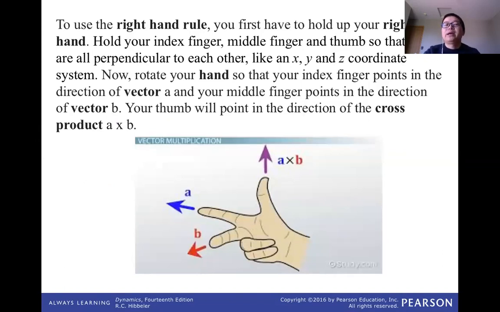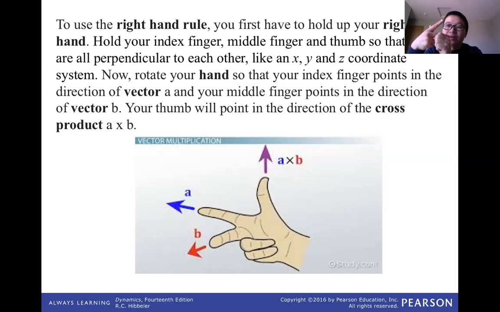The right hand rule says to take out your right hand. Your index finger is the direction of the first vector, and your middle finger is the direction of the second vector.